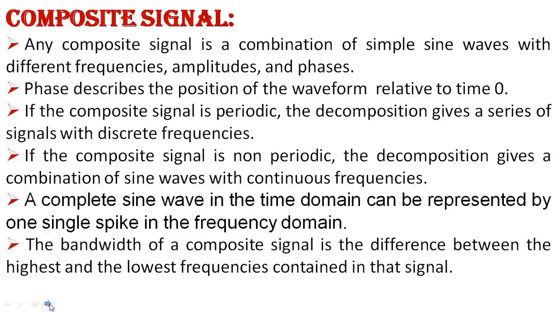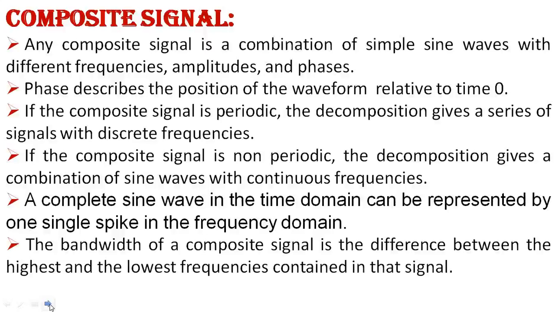If the composite signal is periodic, the decomposition gives a series of signals with discrete frequencies. If the composite signal is non-periodic, the decomposition gives a combination of sine waves with continuous frequencies.